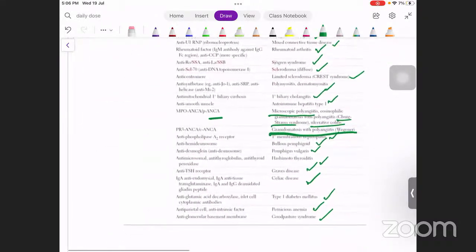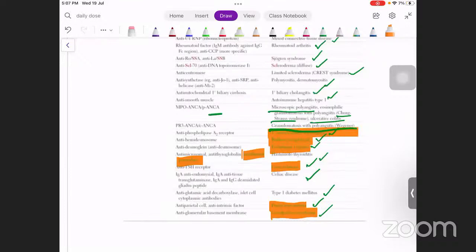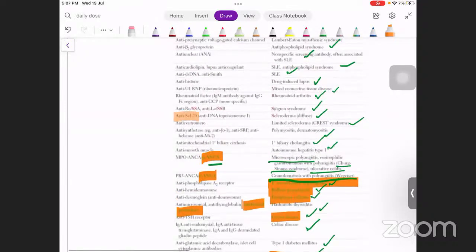Among that, what are the things which are important? I'm going to mark it in red. Even if you can't remember the whole table, you can remember at least this: glomerular basement membrane, parietal cell, TSH, anti-TPO, desmoglein, hemidesmosome, and APLA2, anti-phospholipase A2, and apart from that, PANCA, CANCA, and SCL70 and centromere, and SSA, SSB, anti-CCP, anti-histone, and double-stranded DNA, and anti-cardiolipin, ANA.